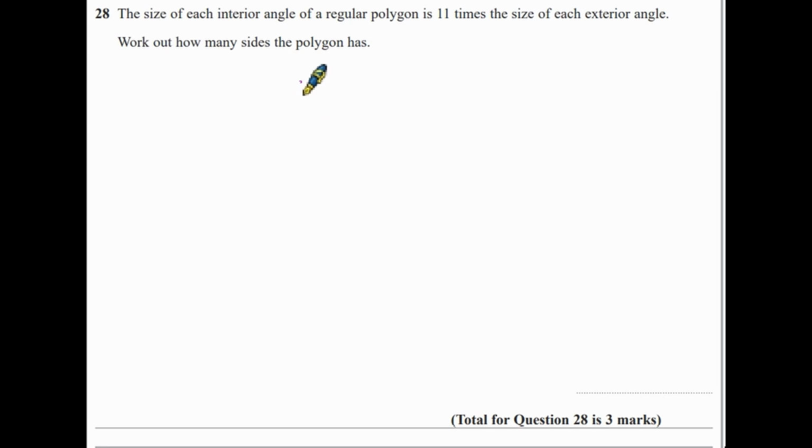Now, using that information, let's call the external angle x. That means that the internal angle is 11 times bigger, so the internal angle is 11x. So the external and the internal added together, that means we have 12x.